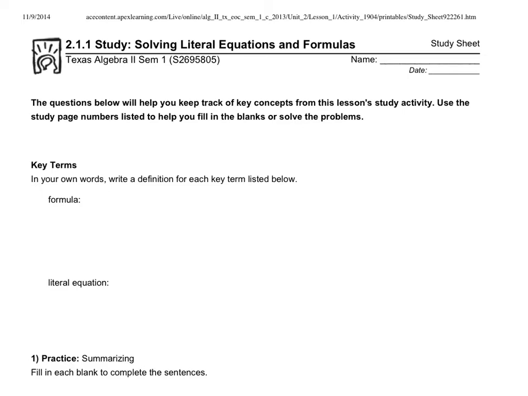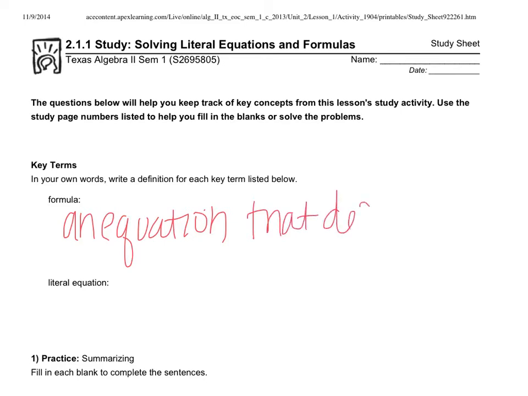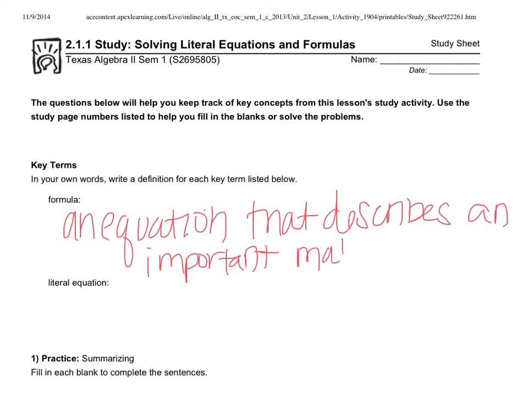So a formula is an equation that describes an important mathematical relationship.